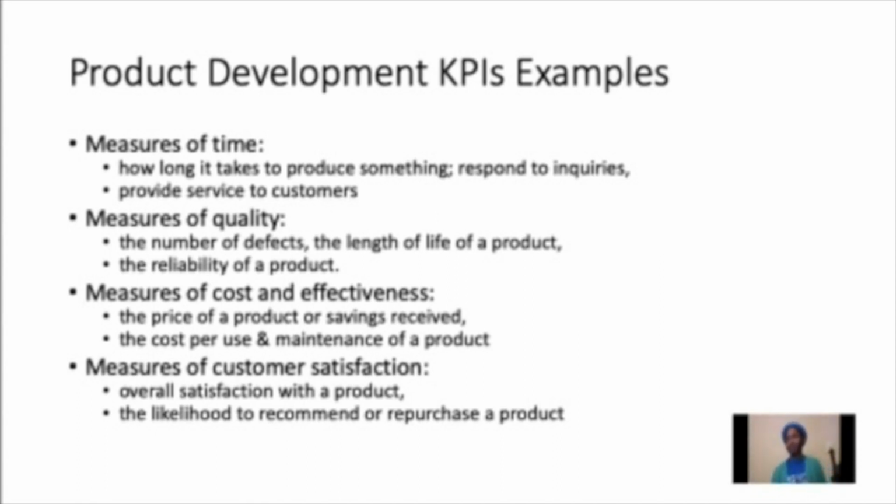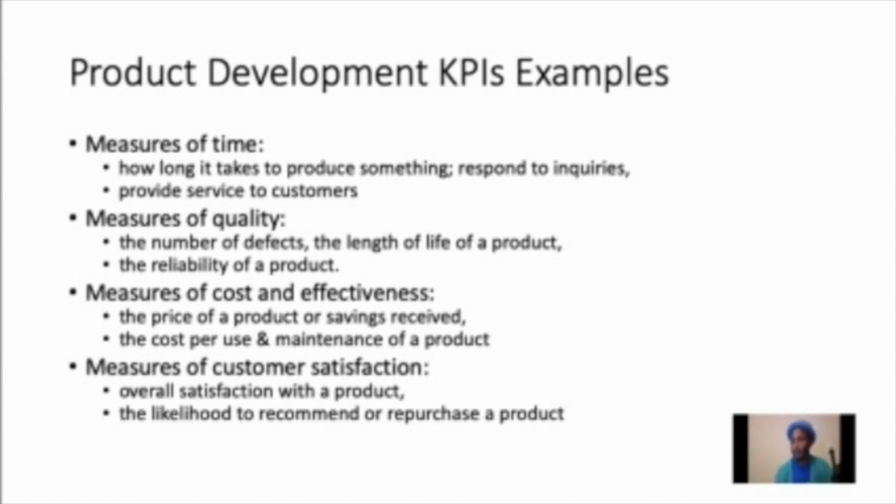So here's some examples of key performance indicators. Measures of time: how long did it take to produce something, or reply to and respond to inquiries, or how long it would take to provide a particular service or particular product to customers. Another form of a key performance indicator, or KPI, is measures of quality: number of defects, length of life, reliability.